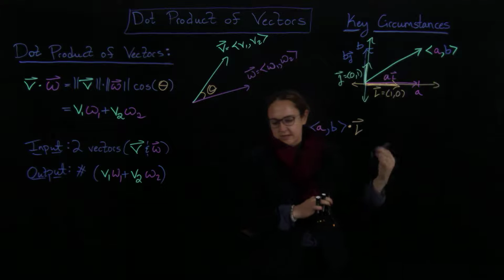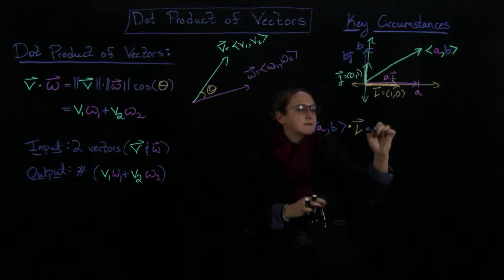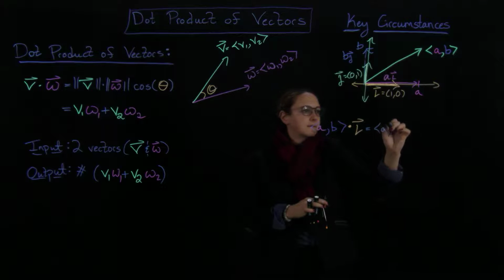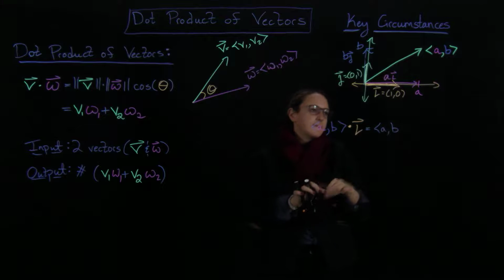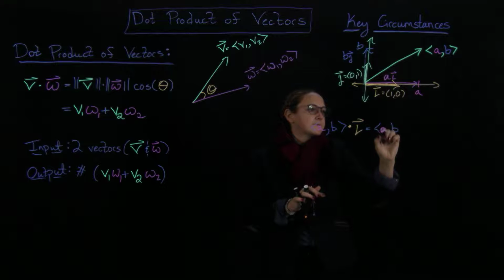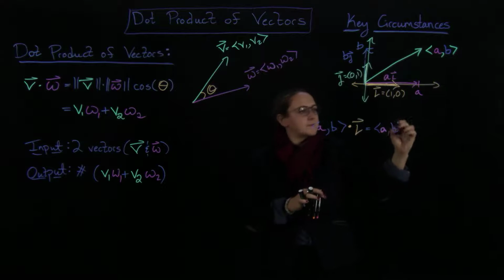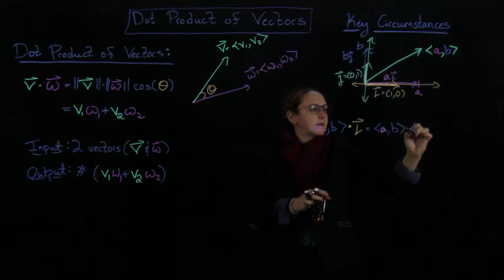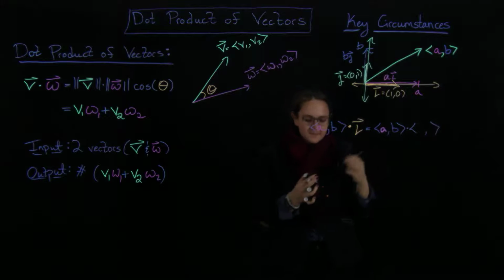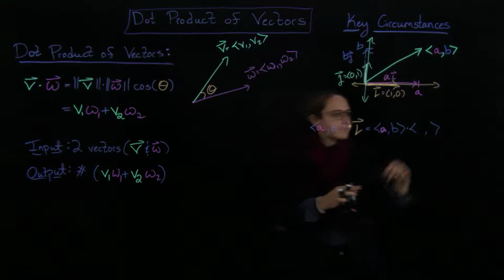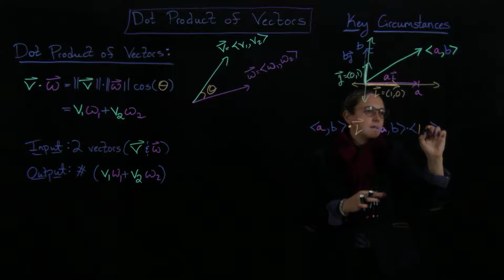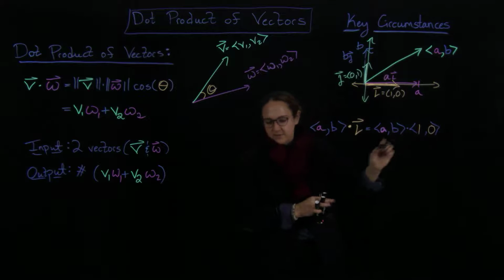So this is actually going to equal, right, so again this is A, B. This is AB. And then the next one, I'm dotting that with 1, 0. Well, what happens when I dot these together?